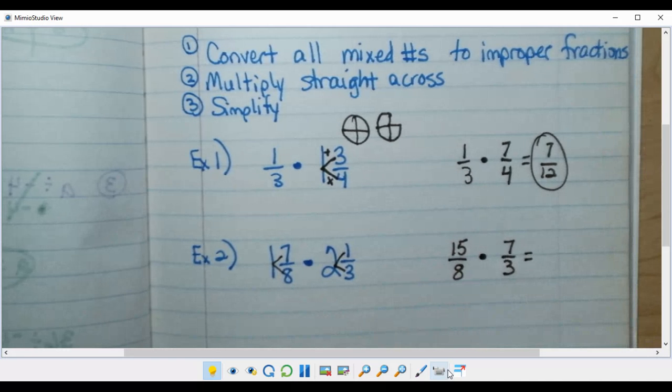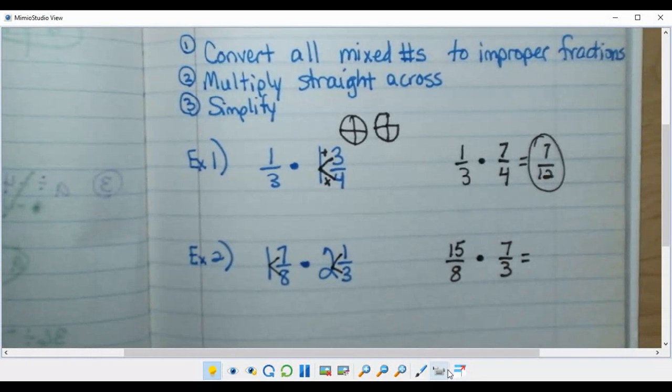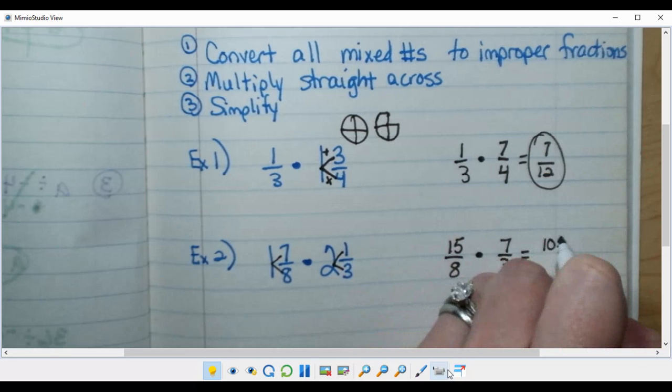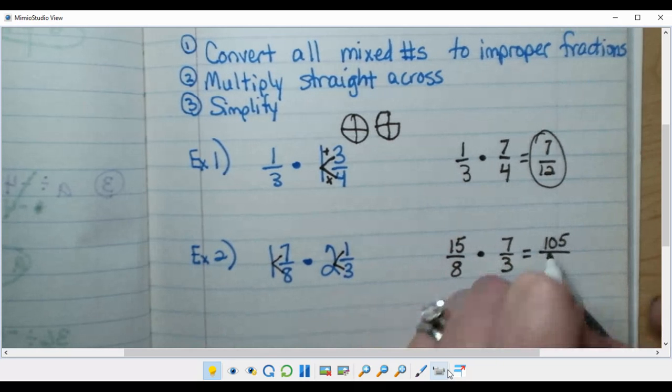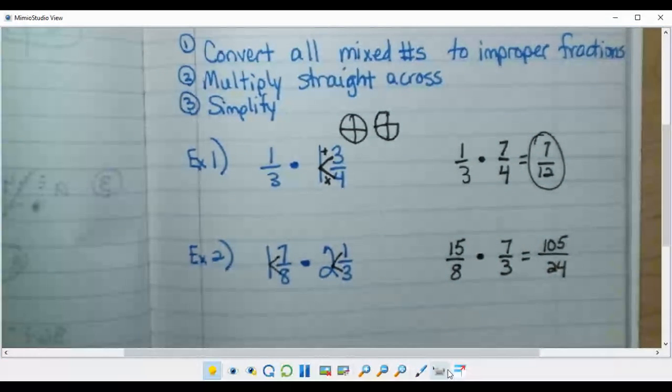All right, step 2, multiply straight across. 15 times 7. I'm actually going to grab my calculator for that. 15 times 7, I get 105. And then 8 times 3, I know, is 24. Now, can this be simplified? I know some of you have programs that you use to double check. I'm going to look back for a hint from my original problem.